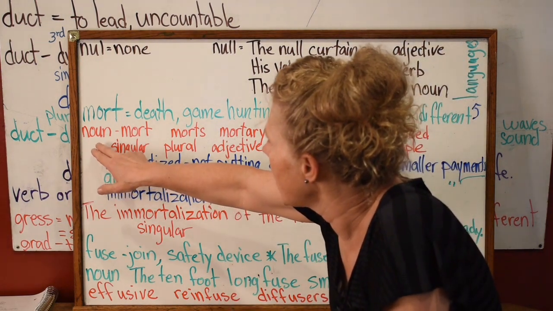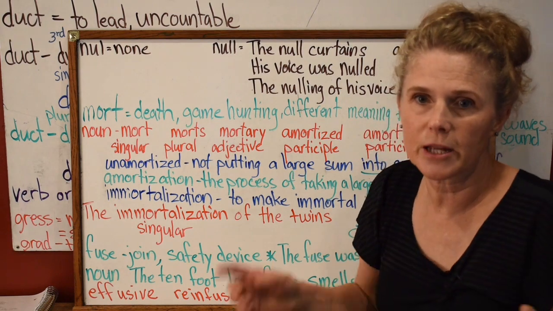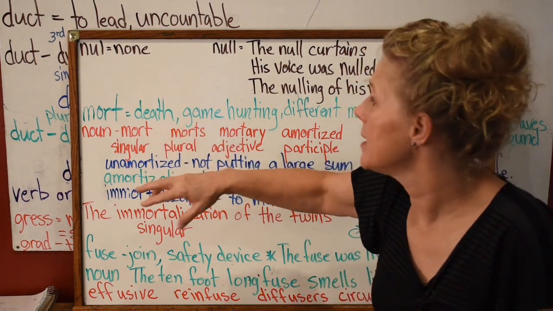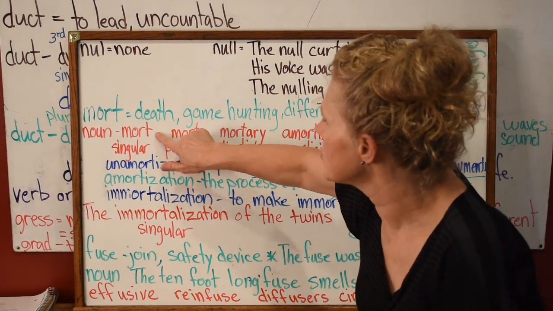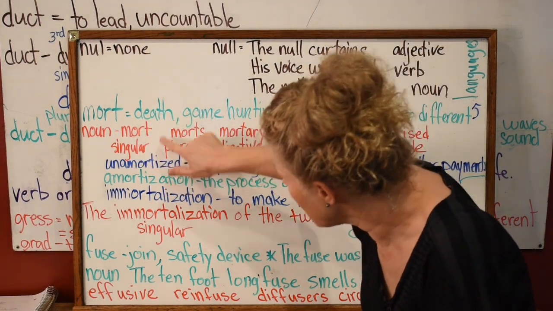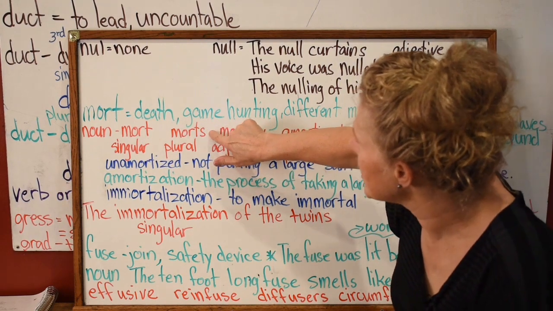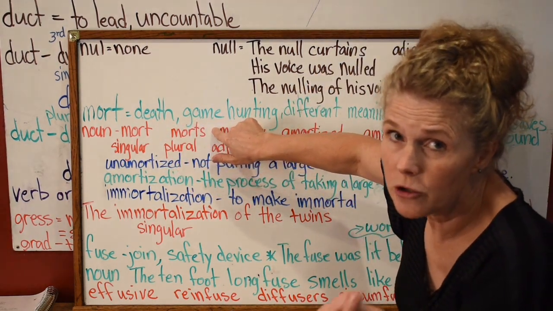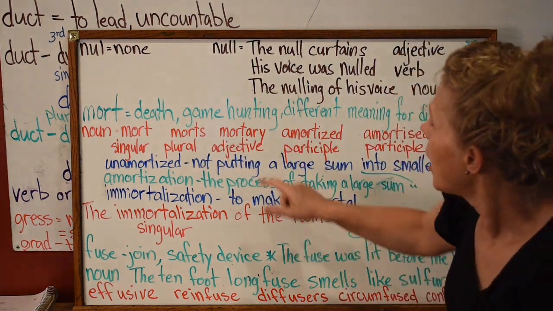Okay, so now mort, do you know how it's so much easier to understand your plural s on a noun than it is to understand plural s's on your verbs, right? So these are nouns, so this means it's singular because it's a noun. This one as a noun is plural. It's different when you're adding it onto a verb.